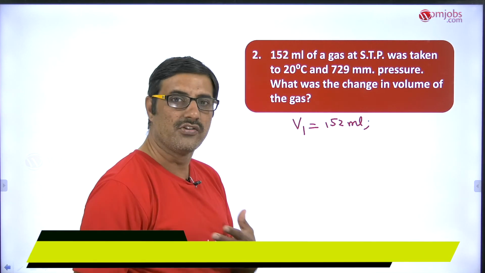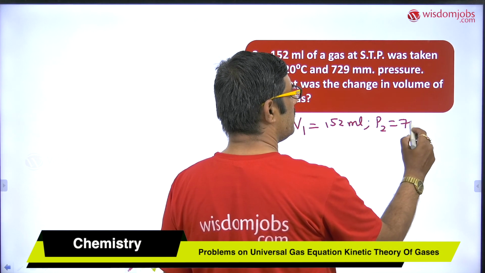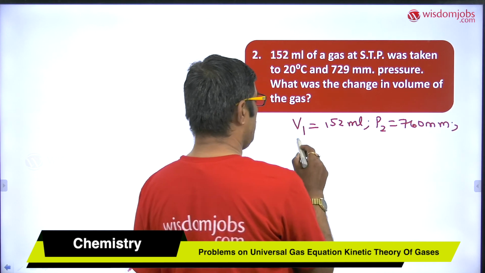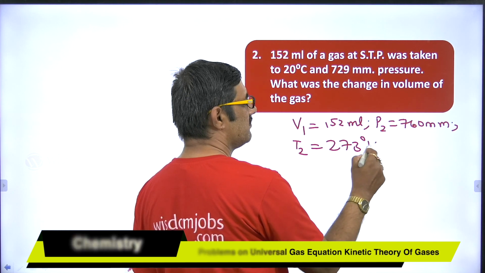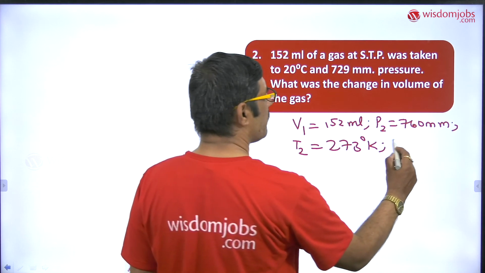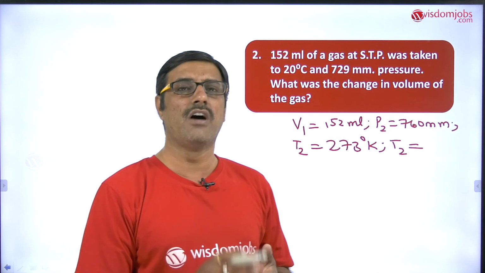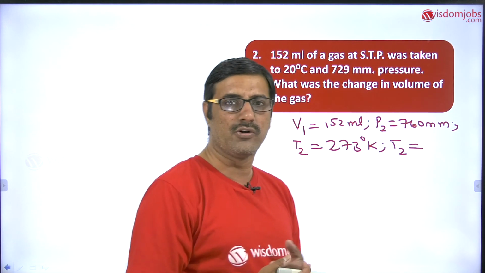Okay, next, STP he mentioned, so it obviously means P1 is equal to 760 mm. Okay, and T1 would be obviously 273 degrees Kelvin. Next, T2 is given to you, so T2 is equal to how much? 20 degrees centigrade. So in the previous problem I told you how to convert the given centigrade temperature to absolute, add 273 to the given temperature.